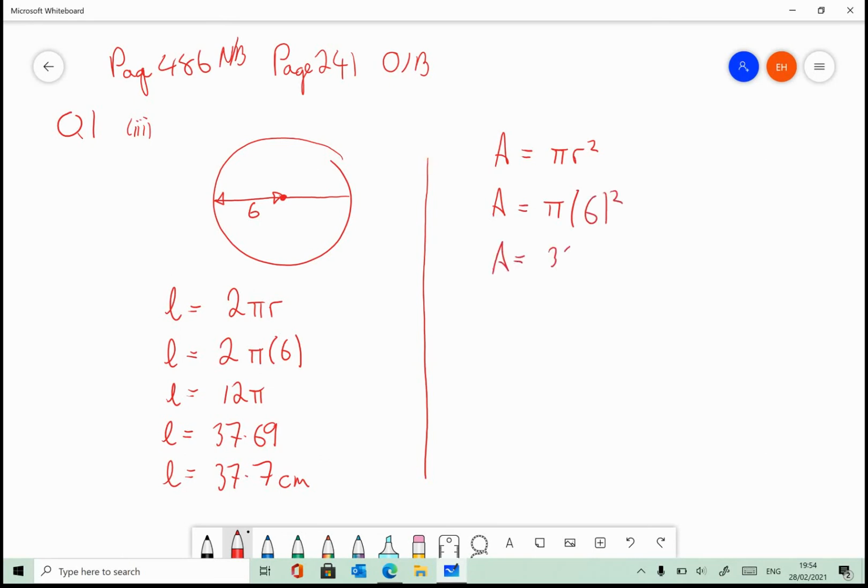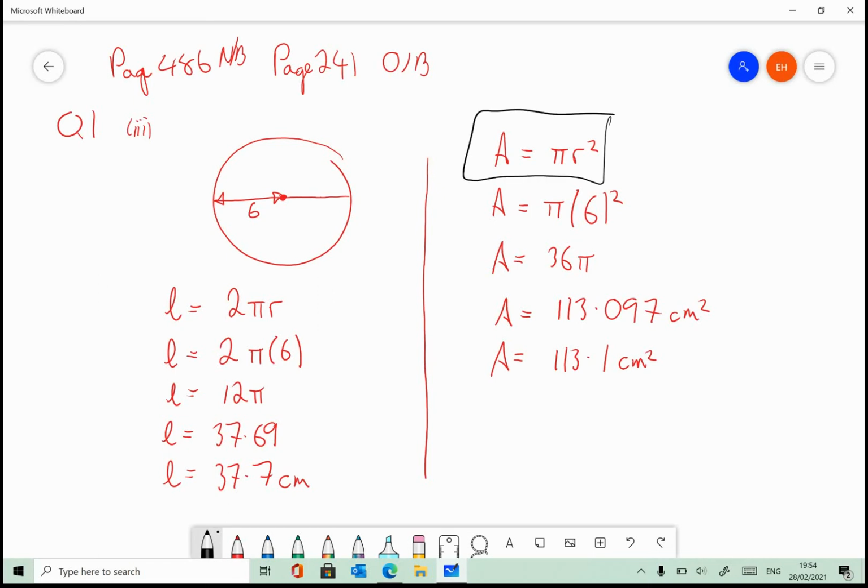A is equal to 36 pi, which is 113.097 centimeters squared. So A is equal to 113.1 centimeters squared. That's how we work out the area using this formula, and that's how we work out the length of the circumference using that formula there.